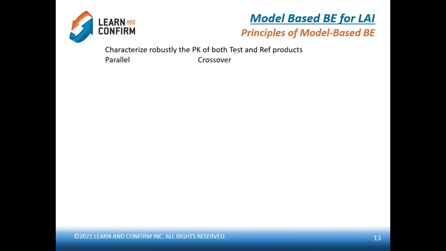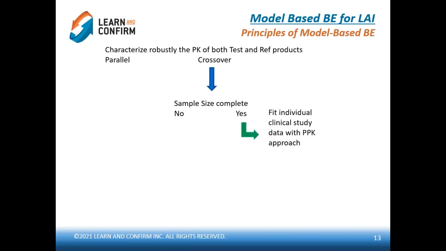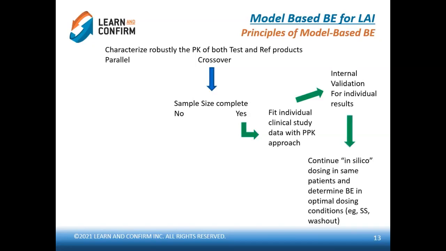So first of all, if you have a crossover design, if the sample size is complete, then you do the clinical study, you fit the individual study data with a population PK approach of the test and the reference product, you validate the model for the individual fitted results that you obtain, and once you have validated the model, then you can just continue in silico the dosing of those exact same patients and determine the bioequivalence in the optimal dosing conditions that you would want.